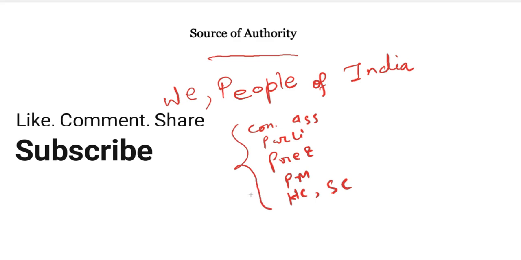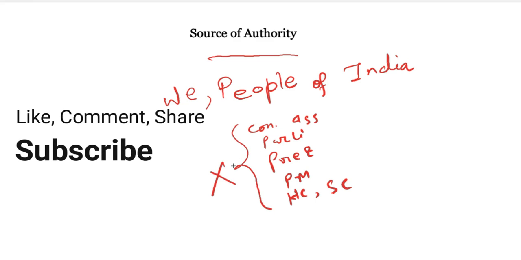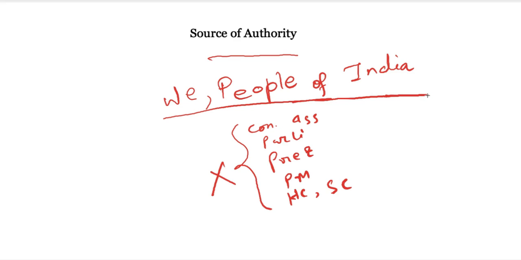These are not the source of authority of the Constitution. We, the people of India, are the source of authority of the Constitution. The Constitution gets its power from the people of India.